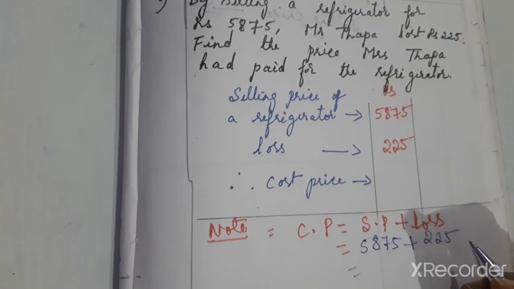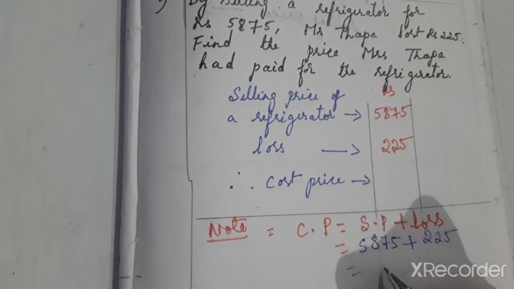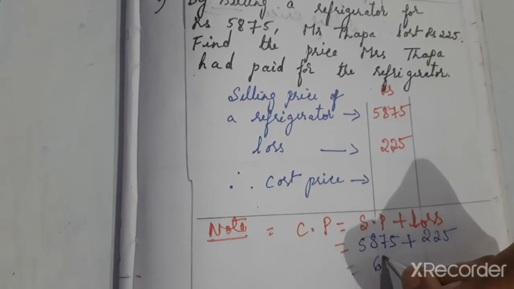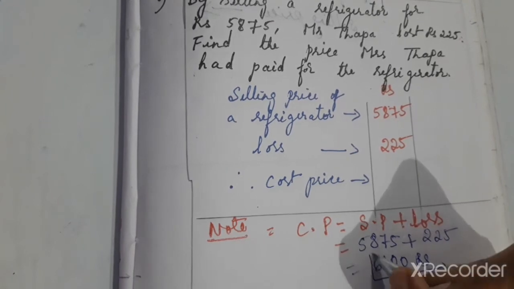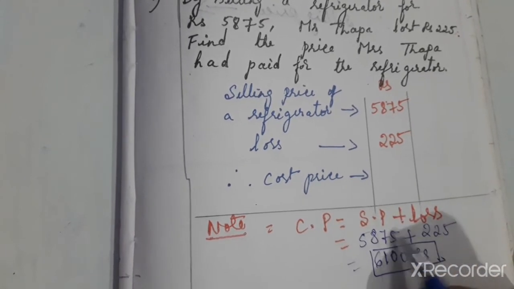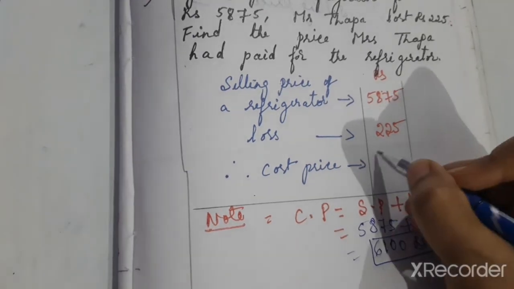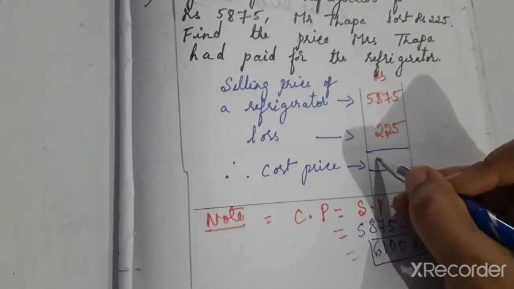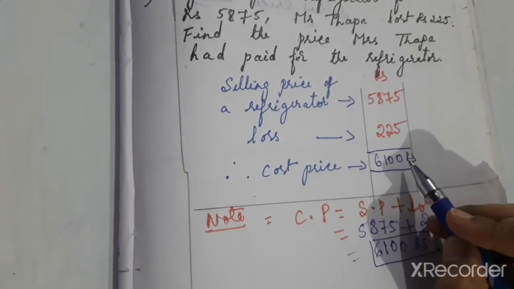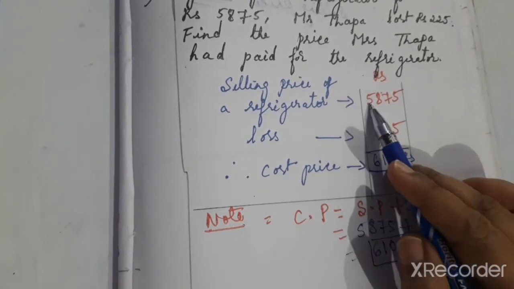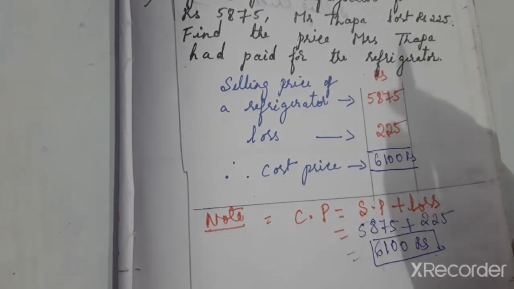So 5,875 plus 225 is 6,100. After adding these two, the answer is 6,100 rupees. So the cost price is 6,100 and the selling price is 5,875. Loss is 225.